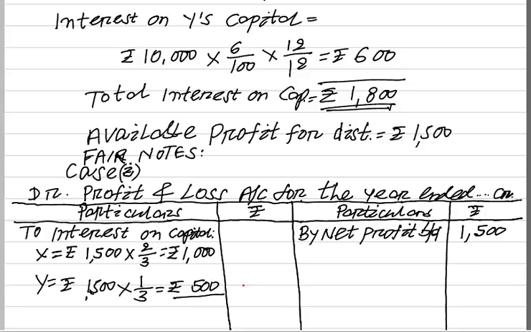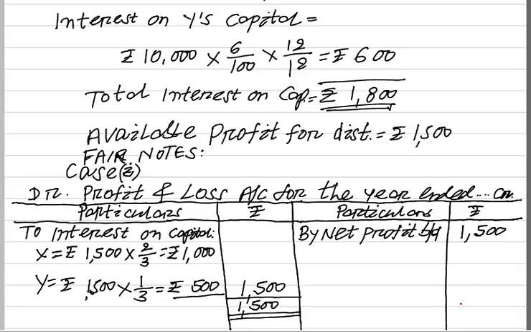This total is 1500, which is not more than your available profit. Now this is closed. This is 1500 each side. Only interest was allowed up to the available profit.